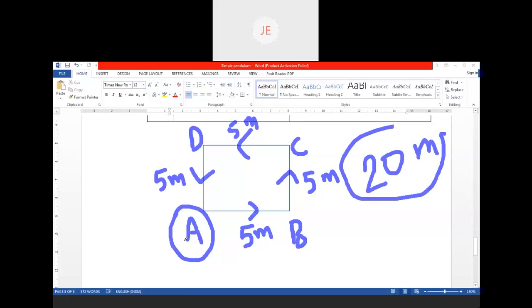So initially she is at A and finally also she is at A. So A to A separation is 0. So displacement is 0. So by this example, we can say that distance cannot be 0 and displacement can be 0.